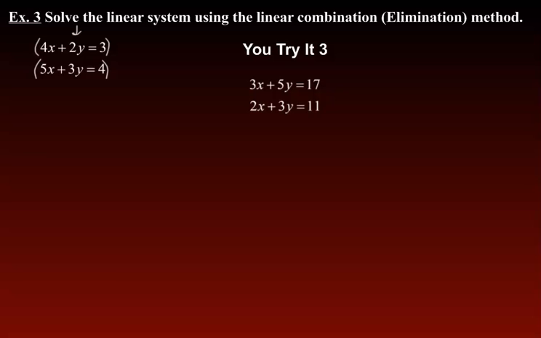So I need 2 times 3, I need 6. I need the smallest number that I can get from 2 and 3. That means on the first equation, since I have 2, I have to multiply by 3. And on the second equation, since I have 3, I have to multiply by 2. My goal is to get 6 in front of y.